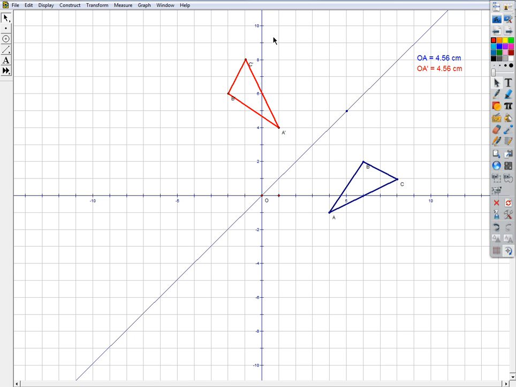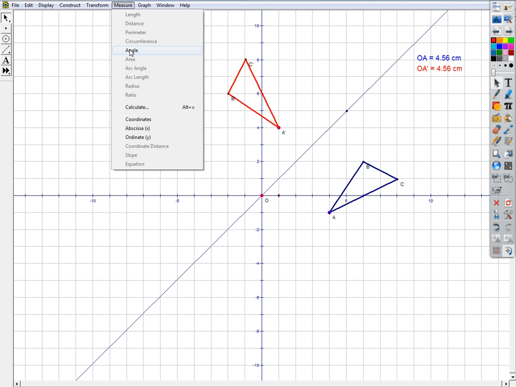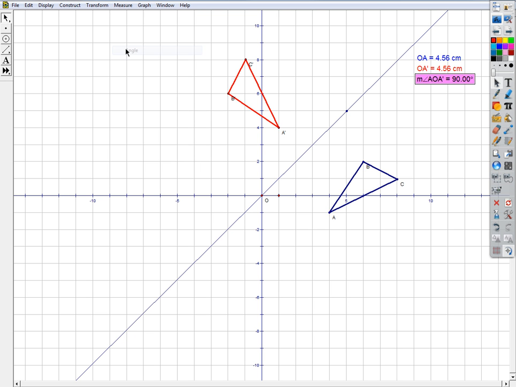Now, what about the angles? Let's do this. What if I measure the angle from A to O to A prime? What's that angle going to be? How much did we rotate the whole thing? 90. So do you think it'll be 90? It will. Does that make sense? And let me draw those lines in real quick.